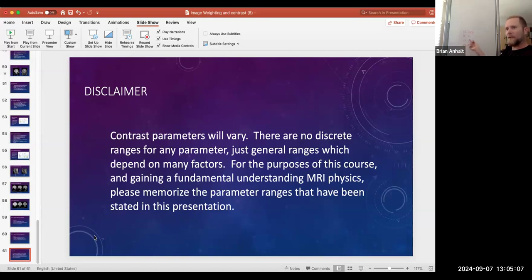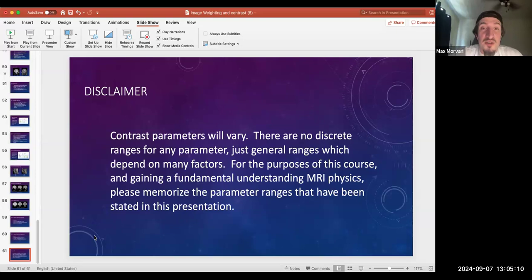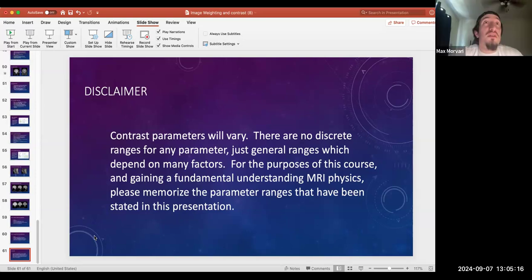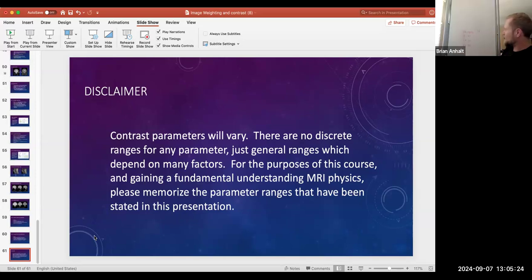What type of pulse sequence do we have here? T1 weighted spin echo. What type of pulse sequence is it? No, it is a spin echo. Now, what type of weighting do we have?